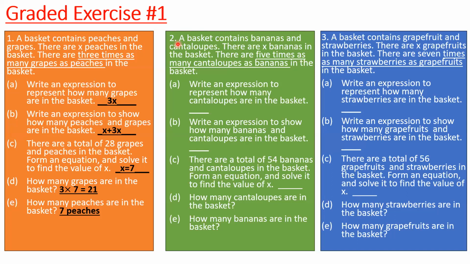So number 2 says a basket contains bananas and cantaloupes. There are x bananas in the basket. There are 5 times as many cantaloupes as bananas in the basket. So the first question is to write an expression to represent how many cantaloupes are in the basket, which will be 5x.